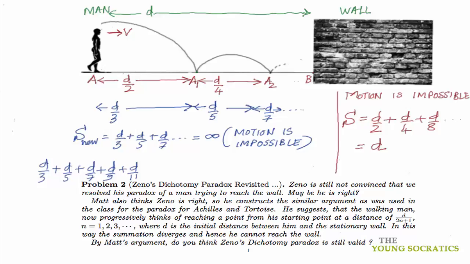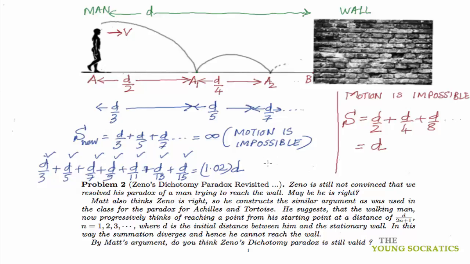That is d/3 plus d/5 plus up to d/13 plus d/15 turns out to be 1.02 times d, which means just after 1, 2, 3, 4, 5, 6 and 7 steps of covering distance in this manner, he would have already hit the wall.